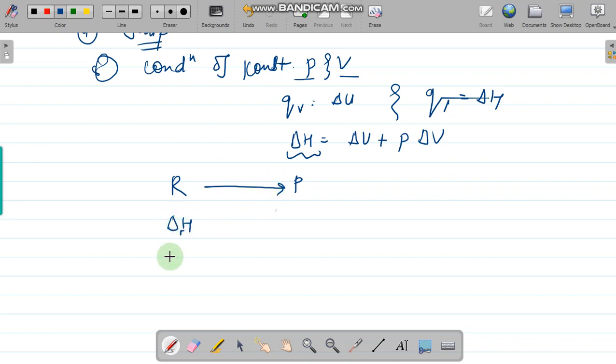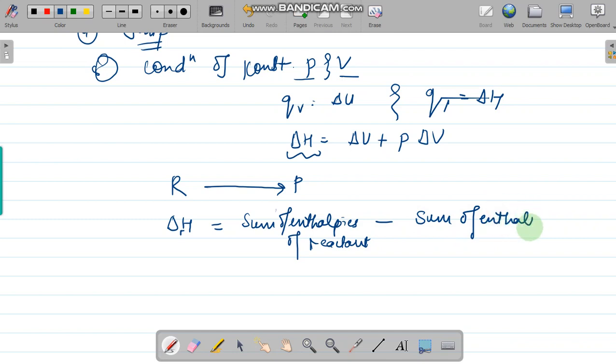That is your delta H. This r is for the reaction, and it is equal to the sum of enthalpies of product minus the sum of enthalpies of reactant.